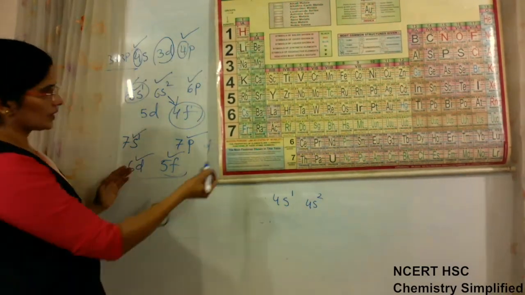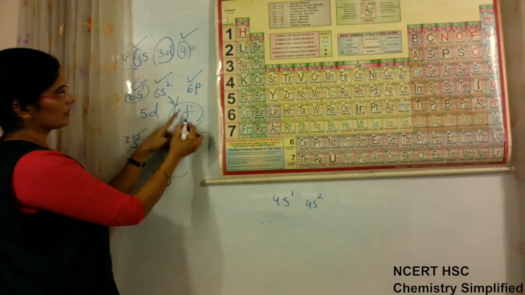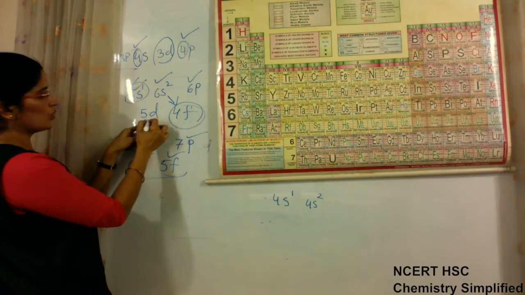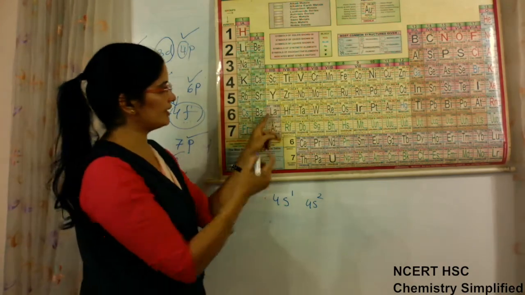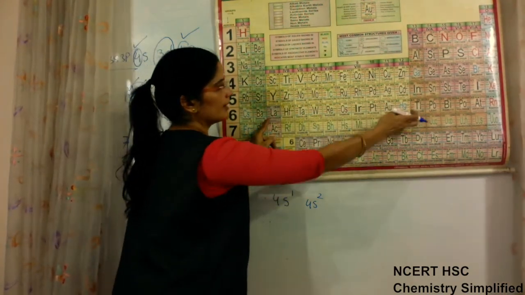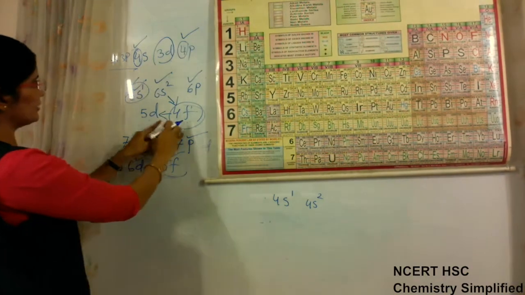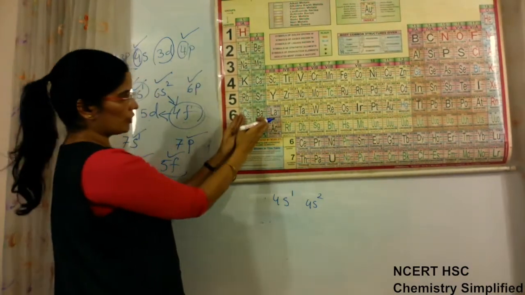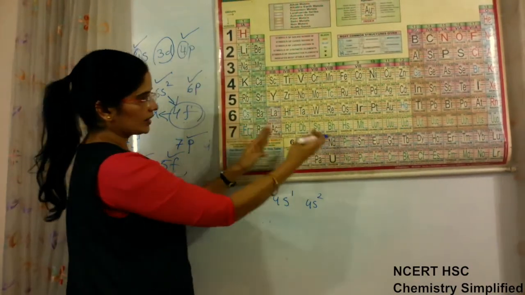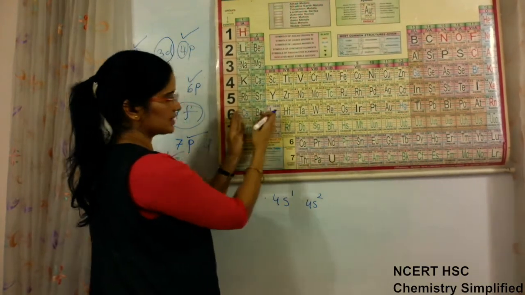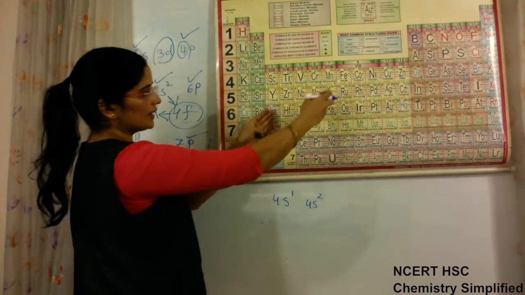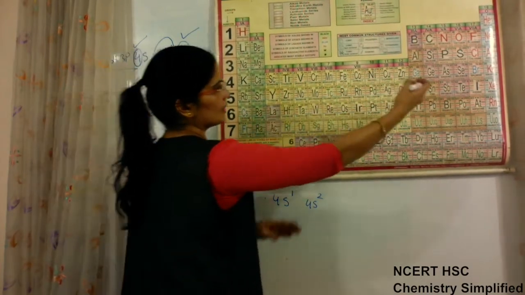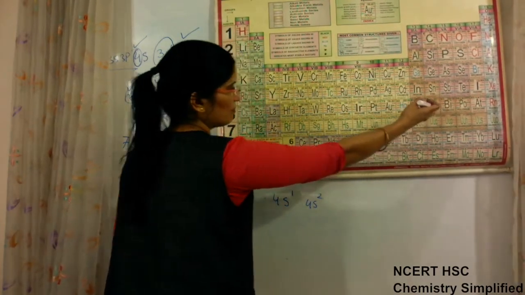Clear? So then when 6S2 is filled, then filling of 4F according to the energy order will take place, and when 4F is full, then electron goes in 5D. According to energy order you can calculate. So it will come in 5D and then electrons will be filled in 6P again. So 6S is full, then 4F will be full, then again it will come to 5D and then again it will come to 6P.